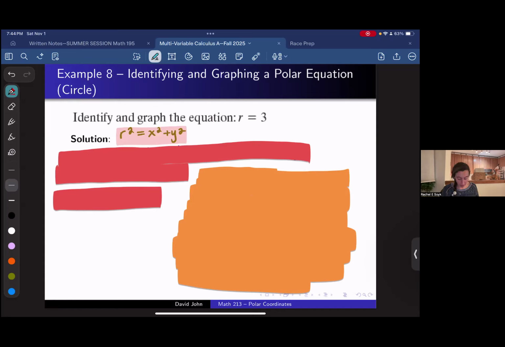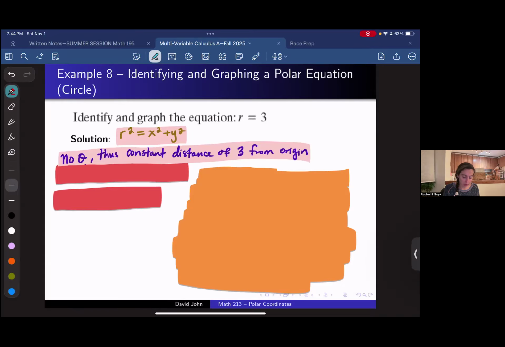But when we're looking at r is equal to 3, it's quite clear we have no theta value here. And because we have no theta value, our constant distance is just straight 3 from the origin. And so this is going to be quite straightforward to plot.